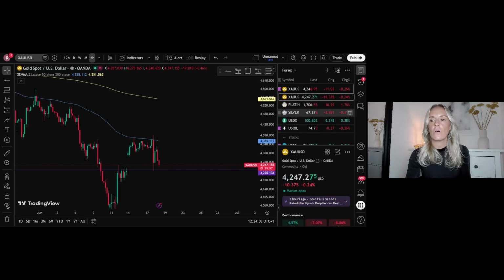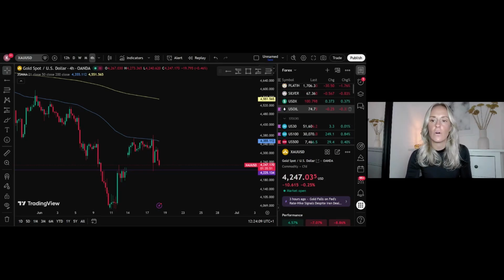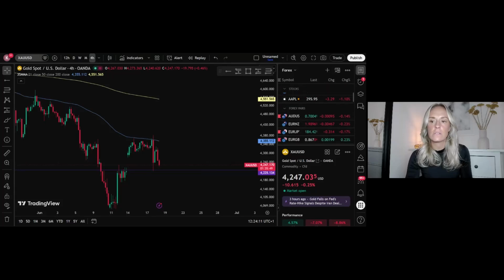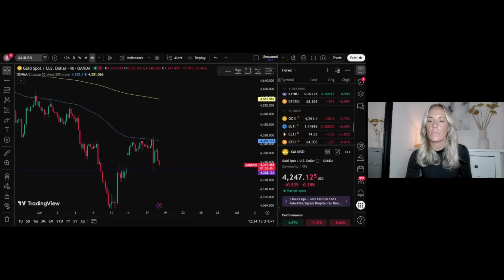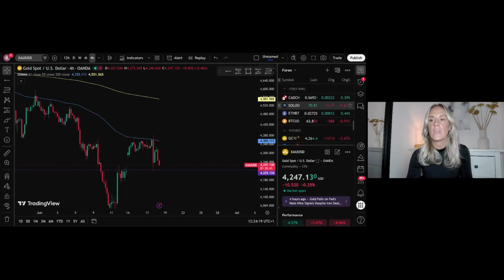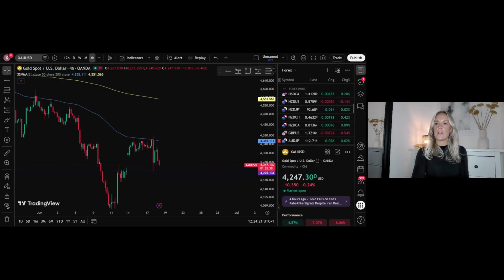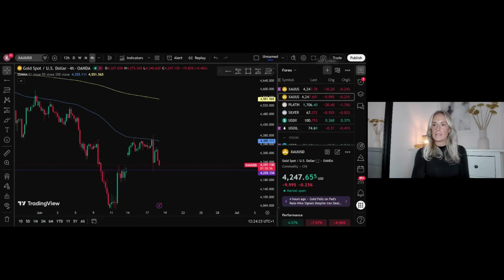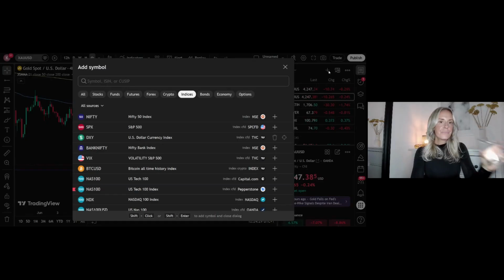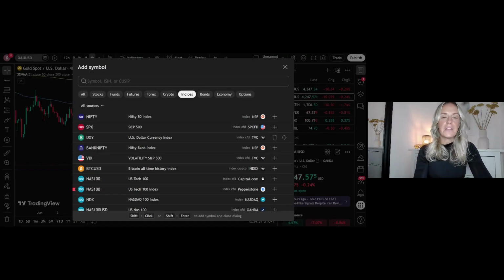So these are your assets. This is gold, I've got my metals, platinum, silver, I've got oil, my stocks, my forex pairs, and then at the bottom I've got futures and some digital assets. If you want to add your own, you just select this little plus sign, and then you can add your symbols.